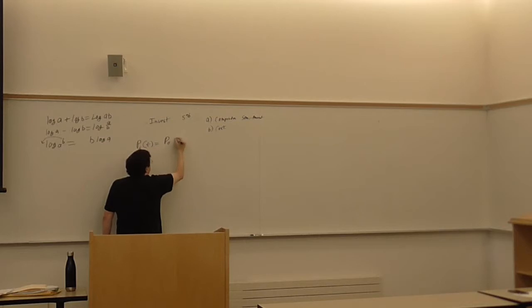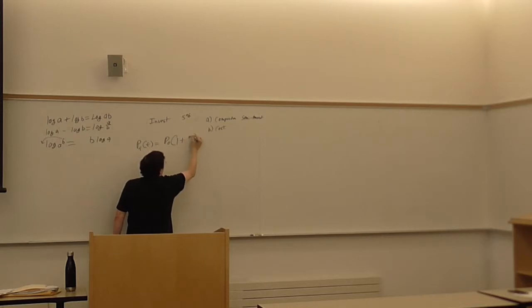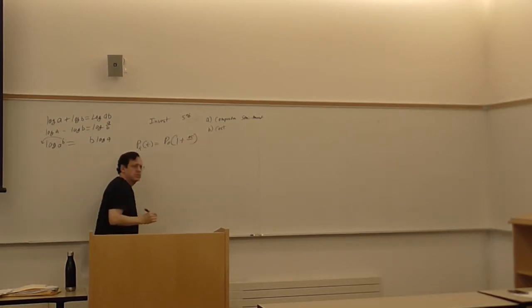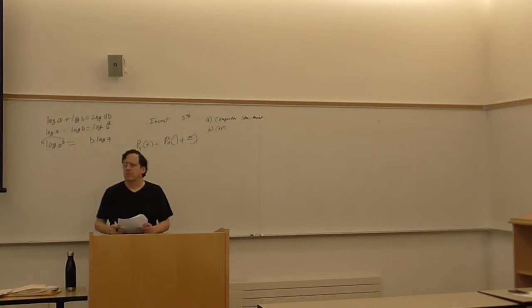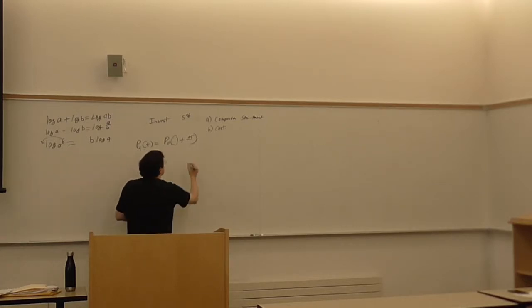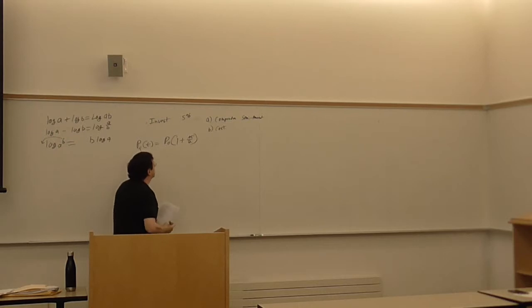That's our initial value times 1 plus our interest rate, 0.05, divided by what? Semi-annually, it's twice a year. What do we want to divide by? 2. Yes, 2.